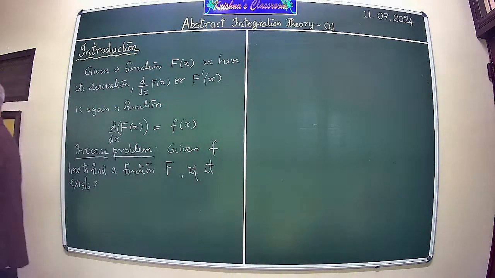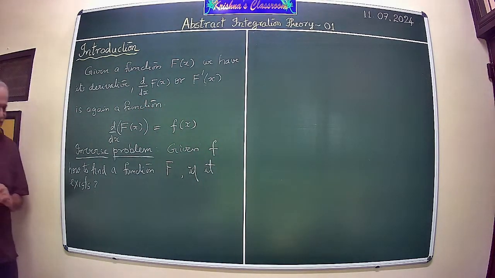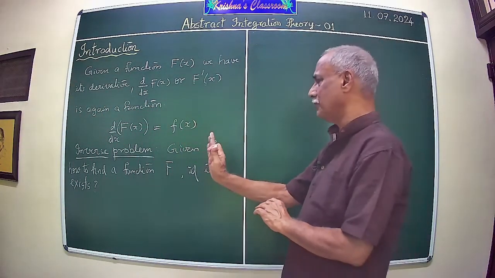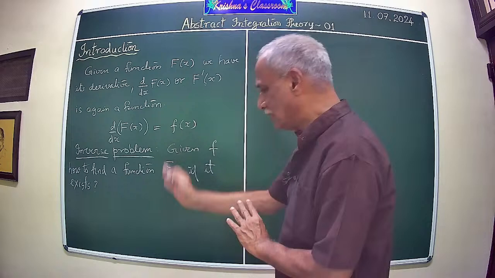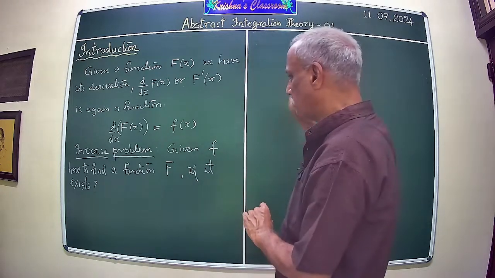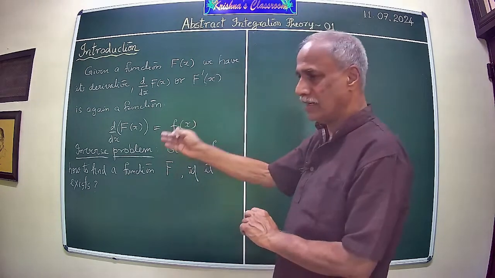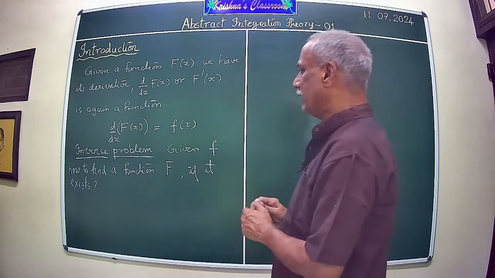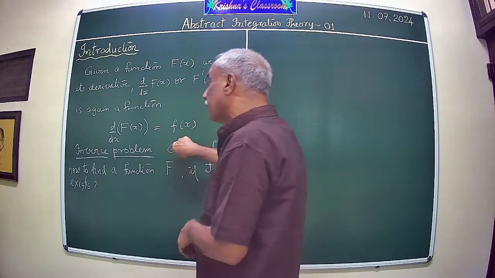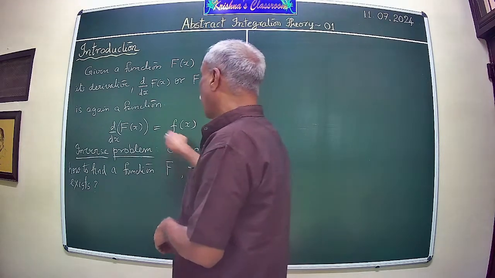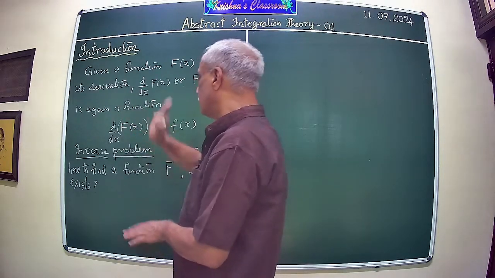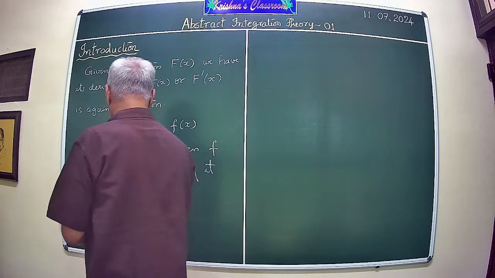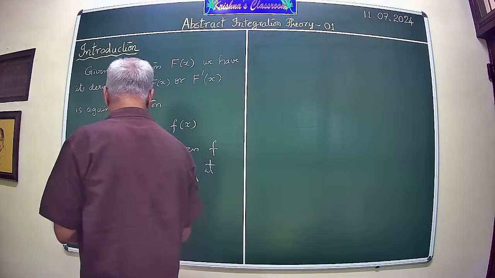Now this was resolved in the following way. You have a function capital F. It can be differentiated. There is a standard procedure, and if the procedure works, you get a function f of x. So you say that if small f is given, then capital F is the function from which it comes. That means you have F derivative of x equal to f of x.